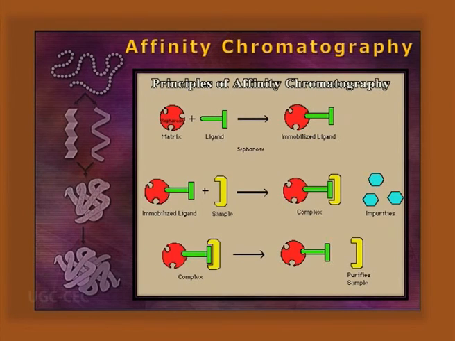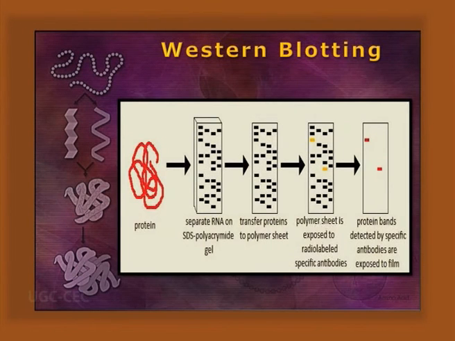Affinity chromatography, where proteins are separated by binding to a specific molecule like antibodies. And Western blotting, where by hybridization the protein of interest can be screened out with the help of binding antibodies.